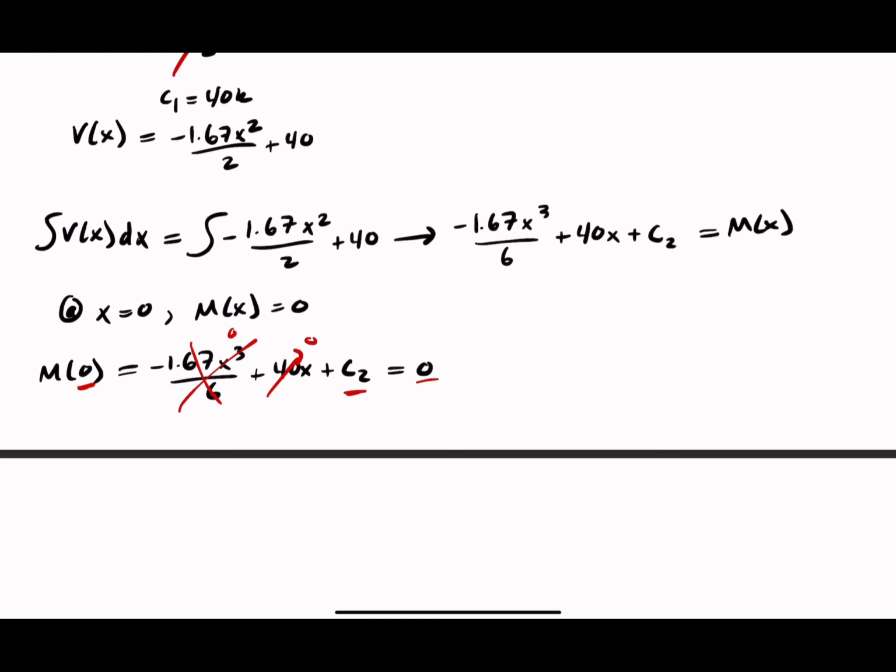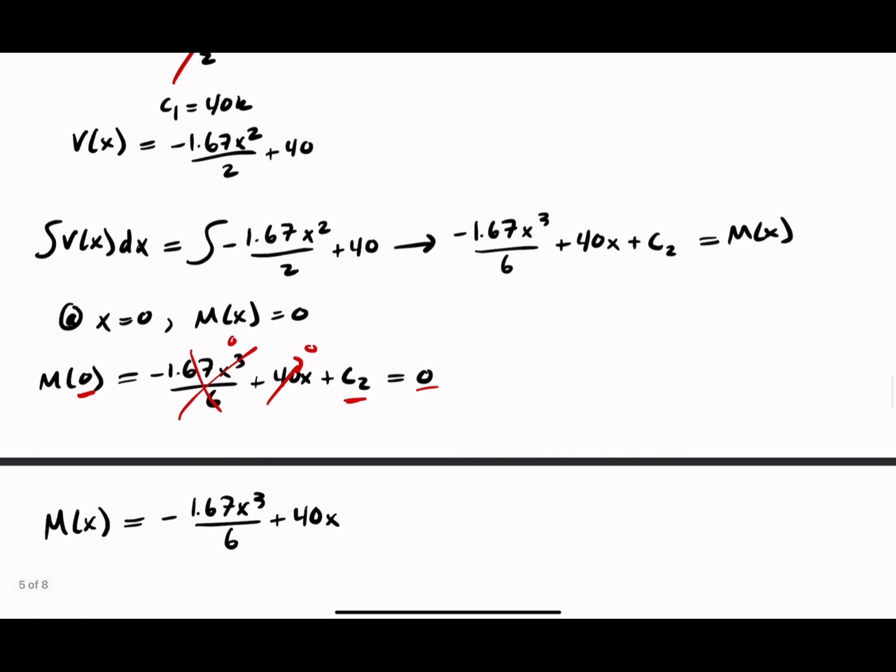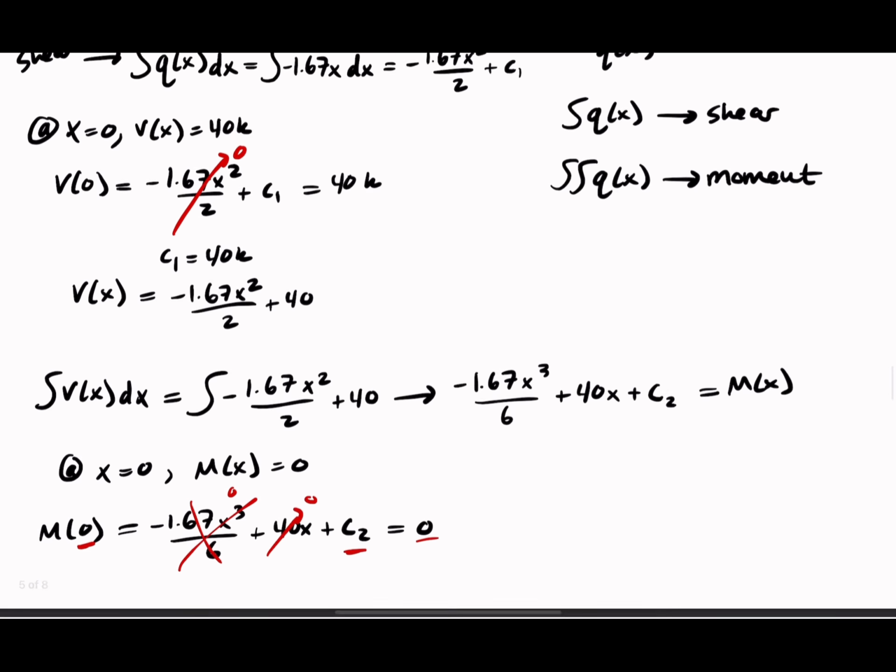So C2 must equal 0. So our final moment equation then is negative 1.67 x cubed over 6 plus 40x, because that constant of integration was actually 0.